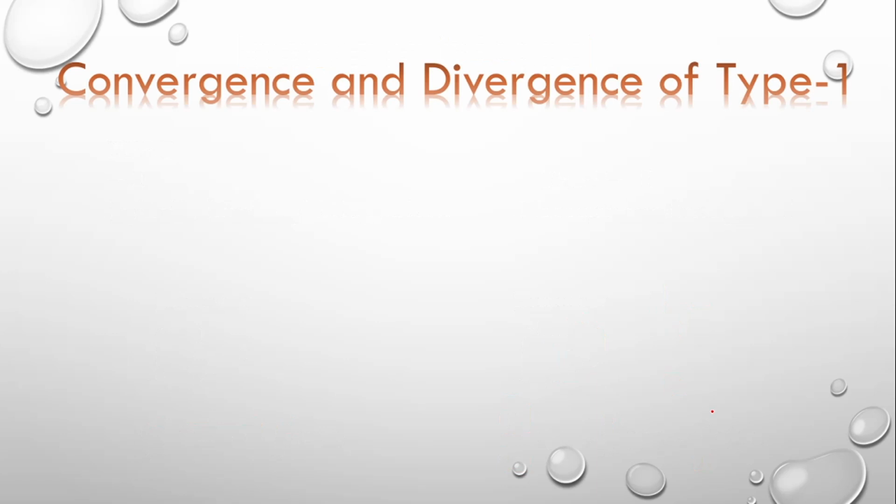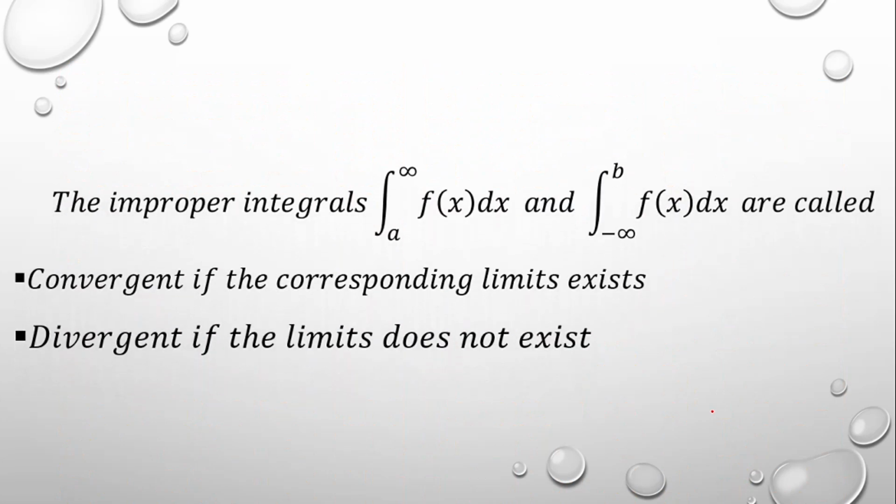Now, with the convergence and the divergence test, we are using type 1. When the improper integral, that is the integral of f of x dx, is called convergent if the corresponding limit exists.